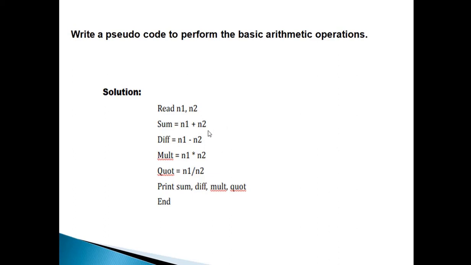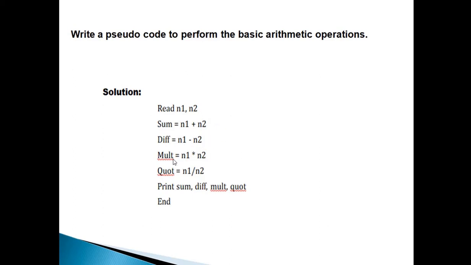n1 is one number and n2 is another number. We are performing the addition operation and we have named the result sum. In the third step, difference is n1 minus n2. This gives the difference of n1 and n2, the subtraction operation. This will perform the addition and this will perform the subtraction.